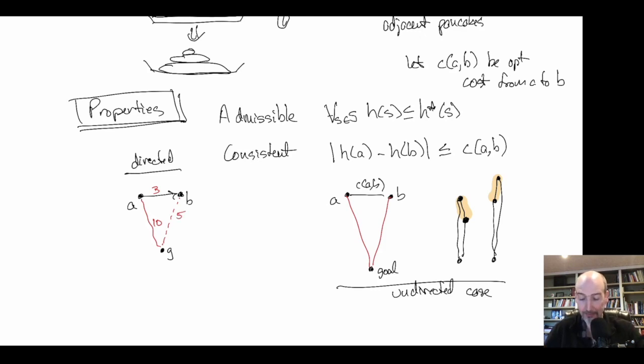Okay, this seems to be an inconsistency in the heuristic, right? Because I'm 10 steps away, I moved 3 steps, and now I'm only 5 steps away.